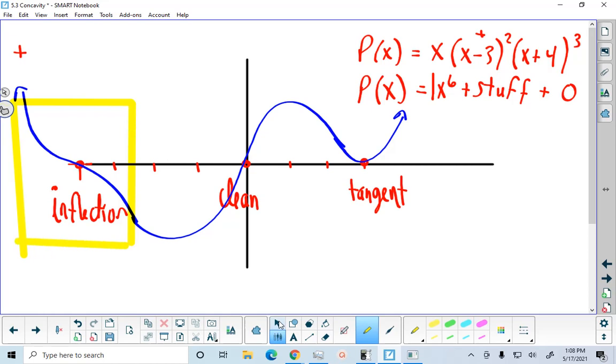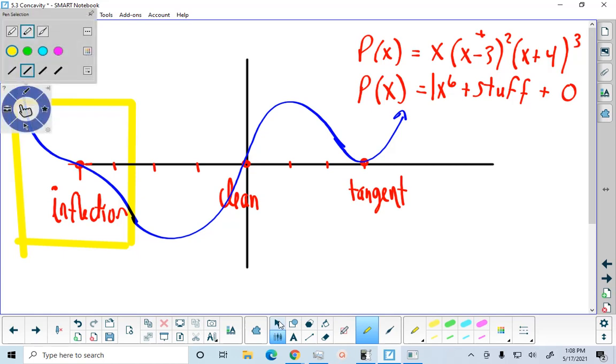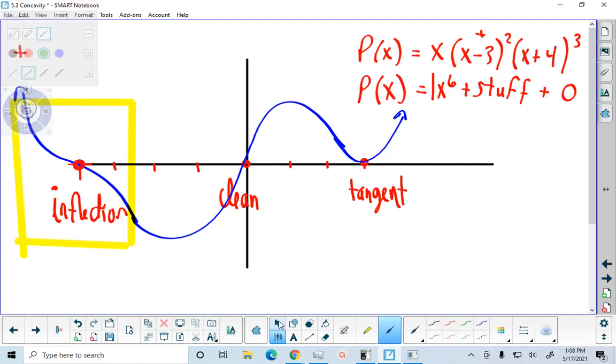There is a more sophisticated way to explain why that's an inflection point. And it has to do with how the graph curves. We're going to get to the details of this in a minute. But I hope you see that to the left of this inflection point, the graph has this kind of upwards curve. And to the right of the inflection point, it has this kind of downward curve.